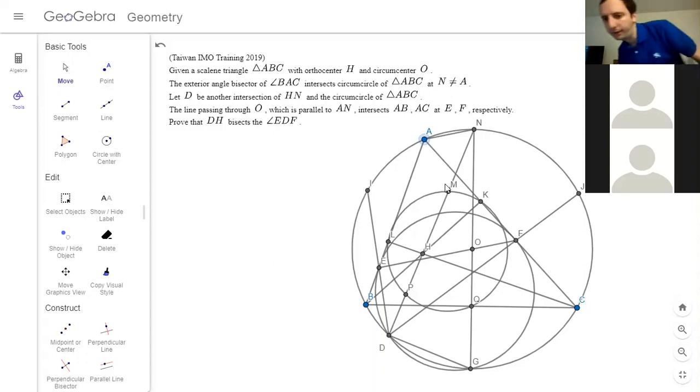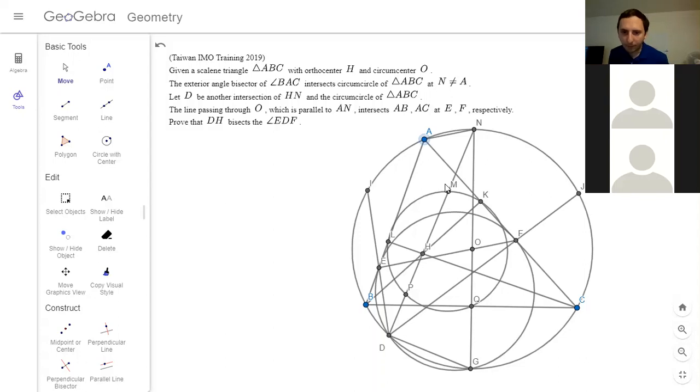All right. So by Pascal's, CI and BJ meet on EF. We just have to show that the point that they meet at is O. But maybe we could use Pascal's again somehow.